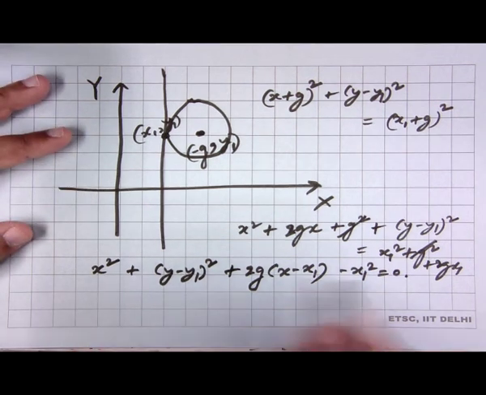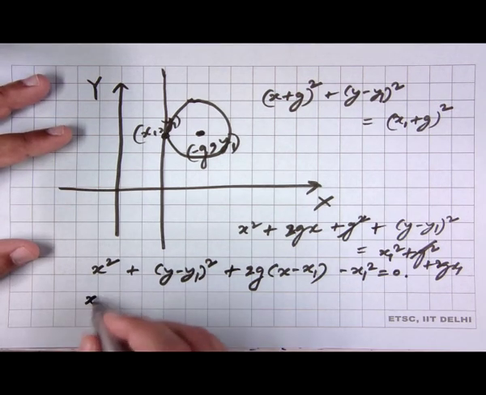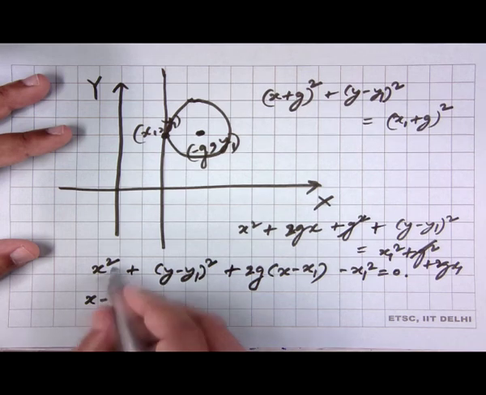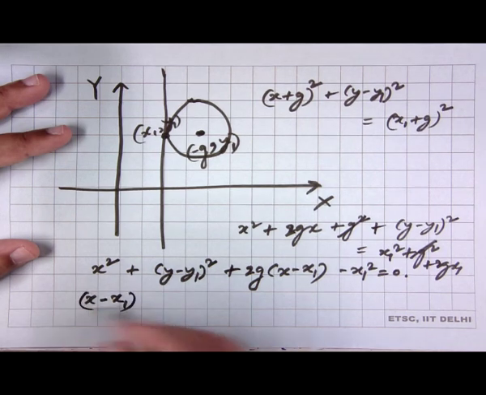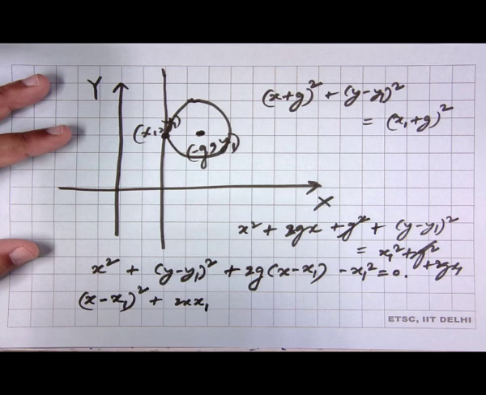We can even simplify this further, and we can write it as, so this x square can be written as x minus x1 whole square plus 2x x1 minus x1 square.